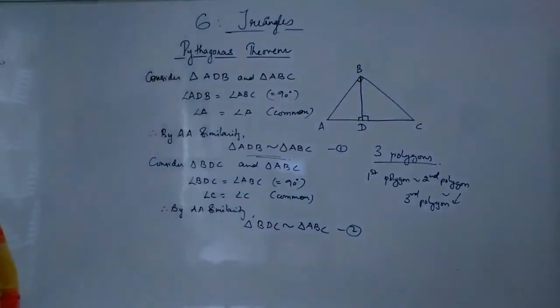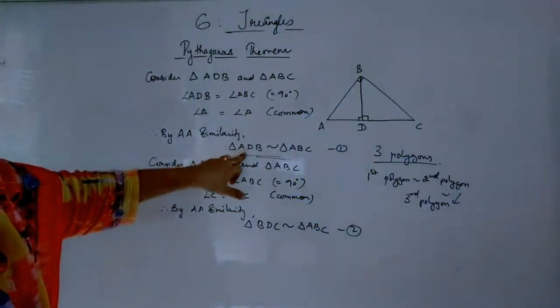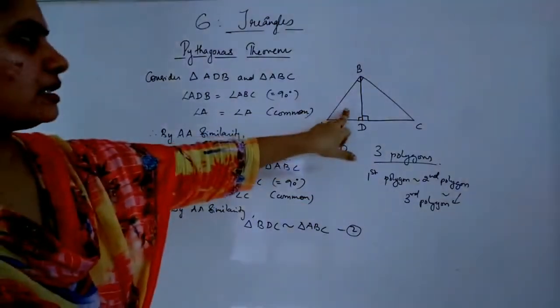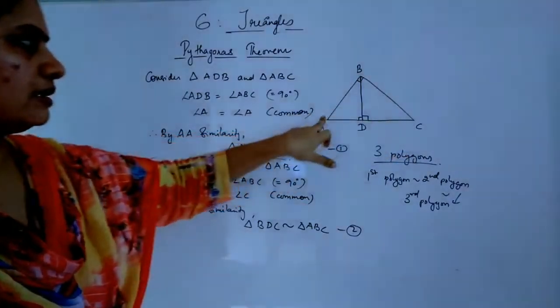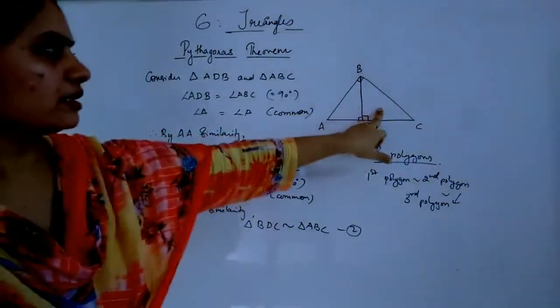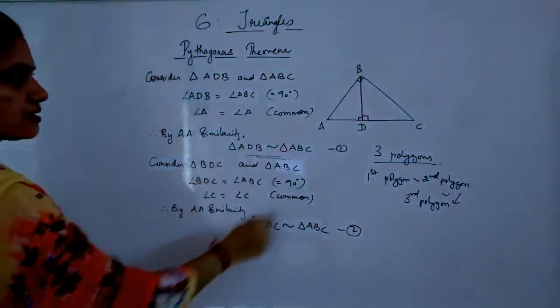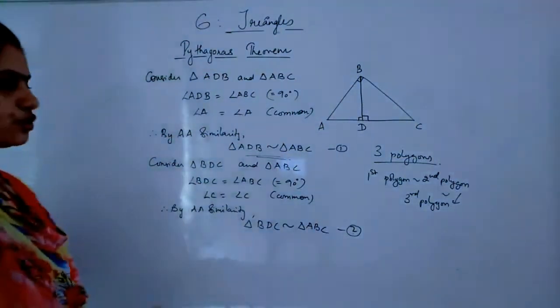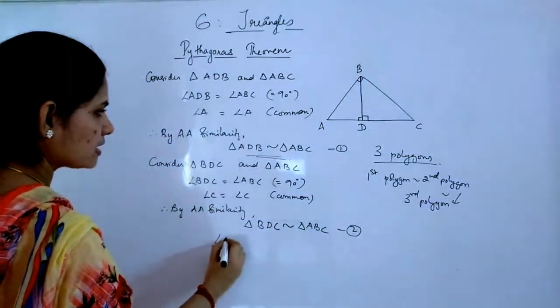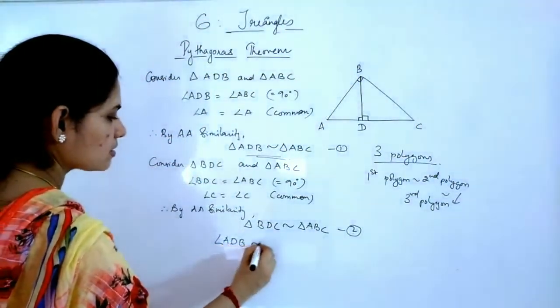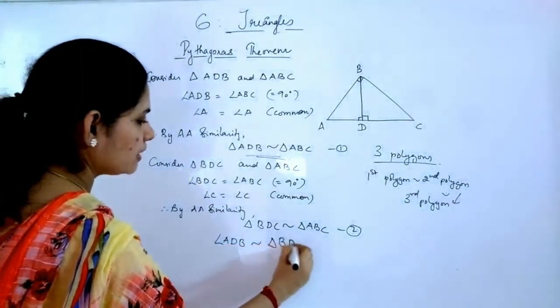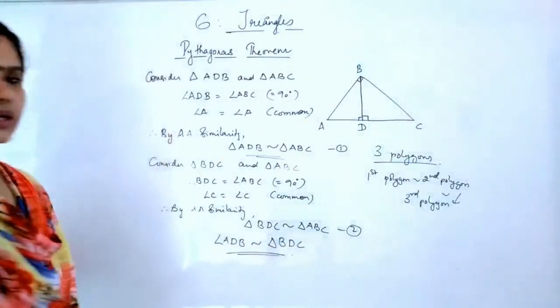Using that fact, here this triangle is similar to this whole triangle and this triangle is similar to this whole triangle. Then these two triangles will also be similar. That is, triangle ADB is also similar to triangle BDC.